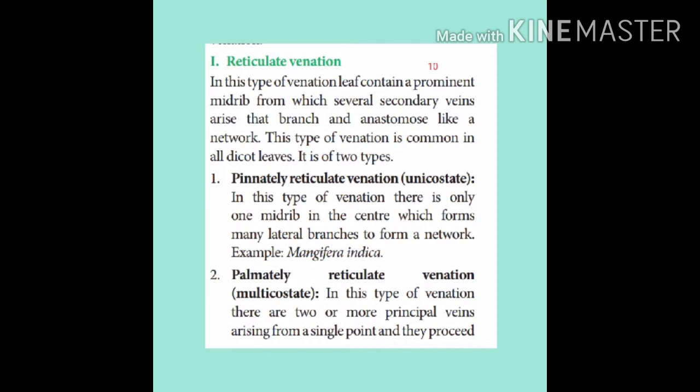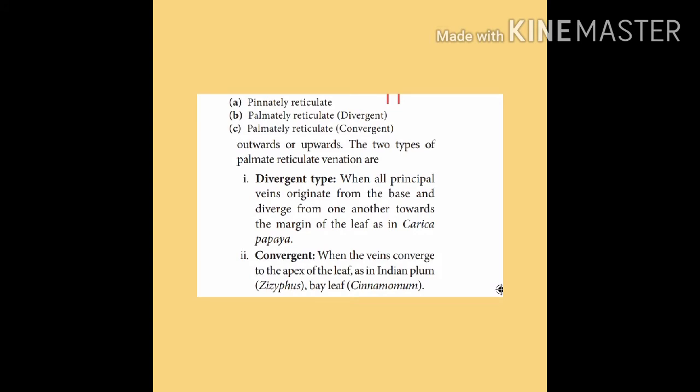Under reticulate venation we have pinnately reticulate venation. In this type, only one midrib in the center is seen and then lateral branches are seen. Under palmately reticulate venation, we have two or more principal veins coming in. Two or more thick veins are coming, and from there the veinlets arise.